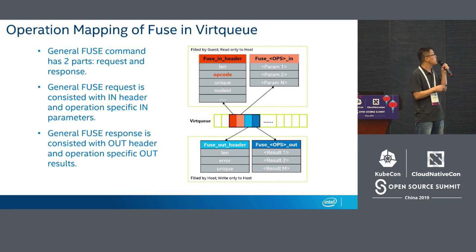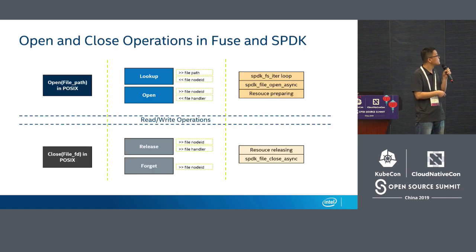And these are also some details about the Fuse request correspondence. We can say that it has been embedded in a vring, so the general Fuse request will also be put in the vring.